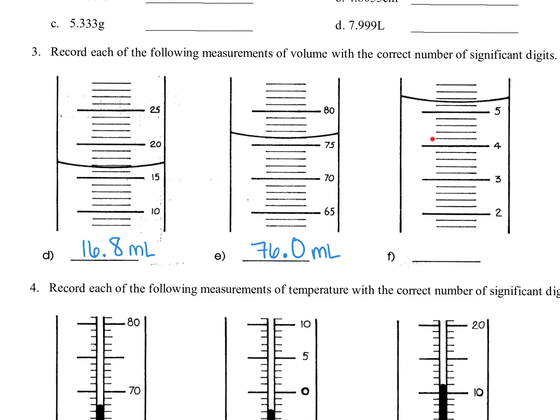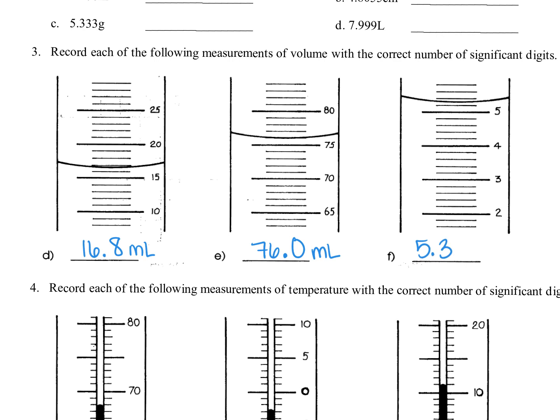What does this line have to be? 0.2, right? So this is 4.2, 4.4, 4.6, 4.8. So this is 5.2, 5.4. So where do you think this one falls? Good. 5.3.